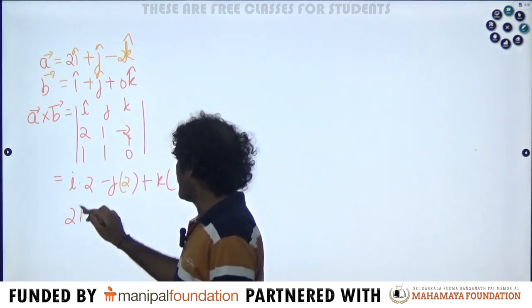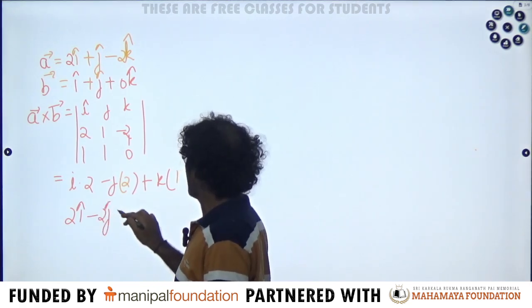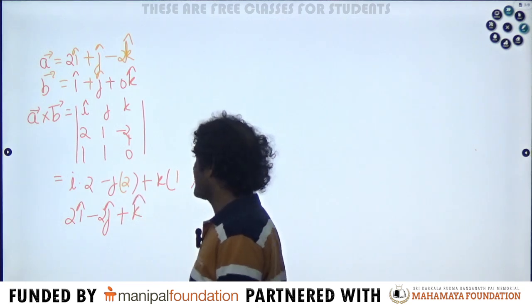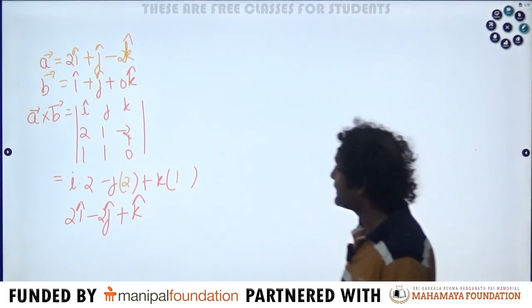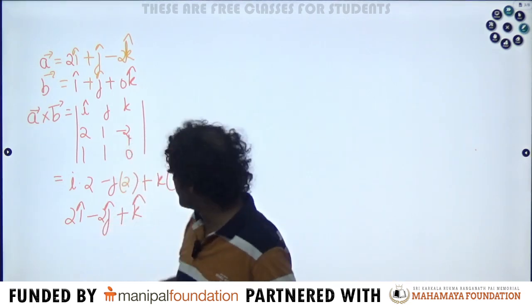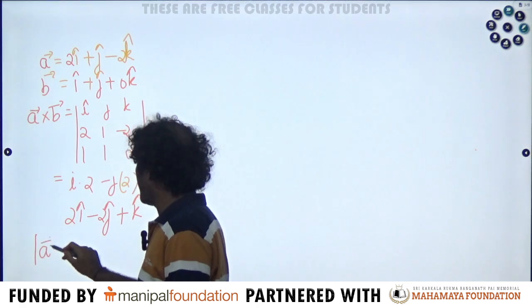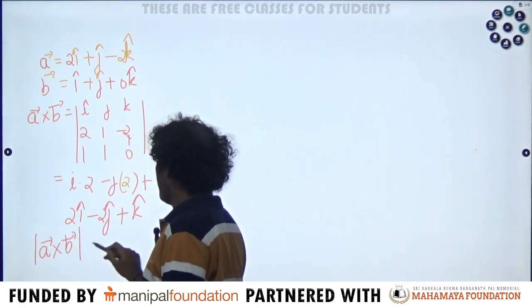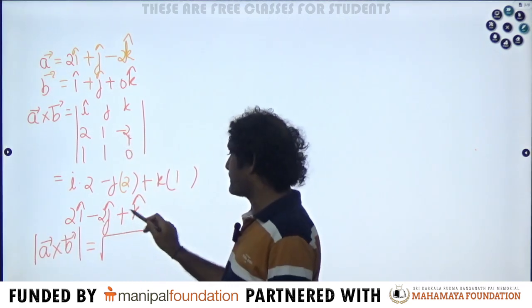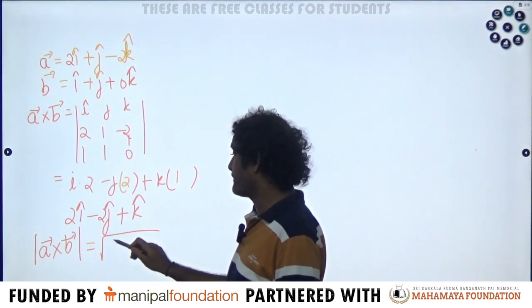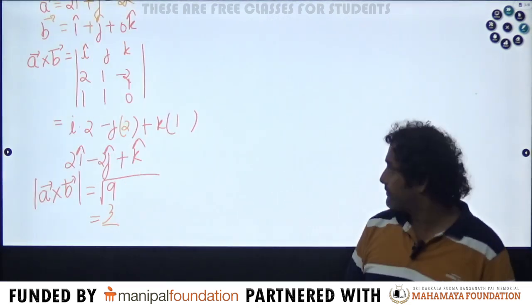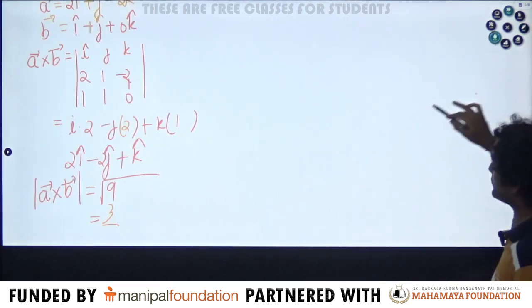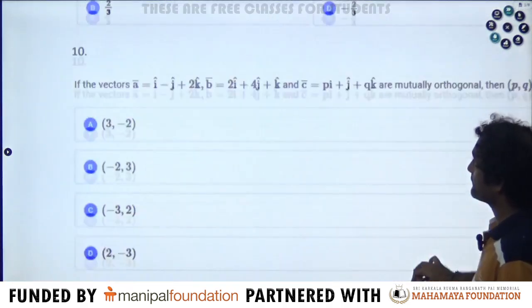So isn't it 2i cap minus 2j cap plus k cap? Its magnitude we may need, so the magnitude of a vector cross b vector is root of 2 square plus 2 square plus 1, which is 3. After this I'll show you the question again part by part.